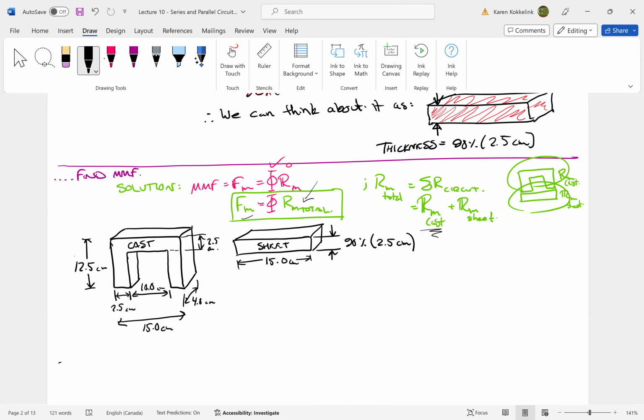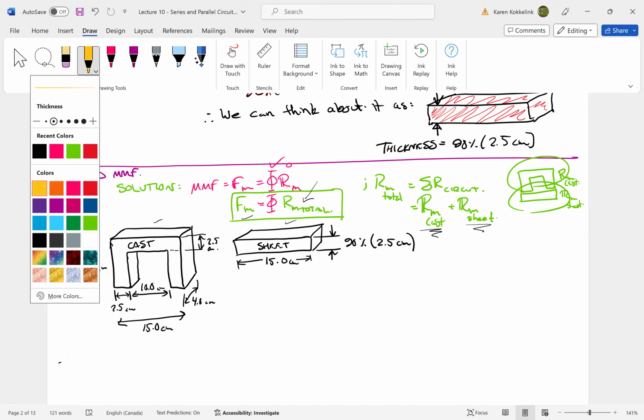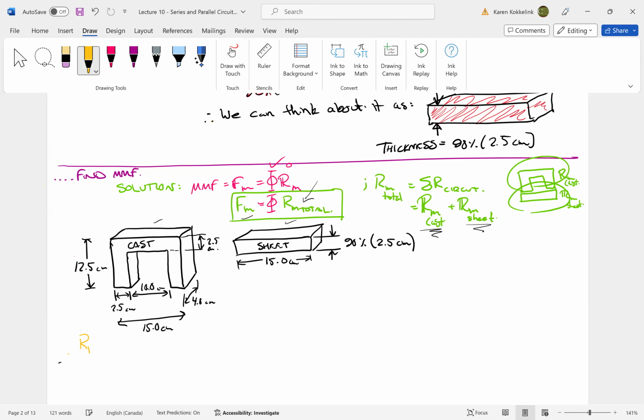So we need the reluctance of the cast section plus the reluctance of the sheet section. This is what the cast section looks like, and this is what the sheet section looks like. So let's start with Rm of the cast section, because we don't have any laminations, so that might be a simpler spot to start.